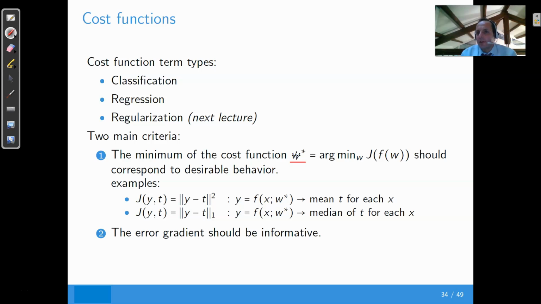At least this should be the target, so the final value of the weights. Normally, as we saw a few slides ago, this was performed by computing the gradient of the loss function.